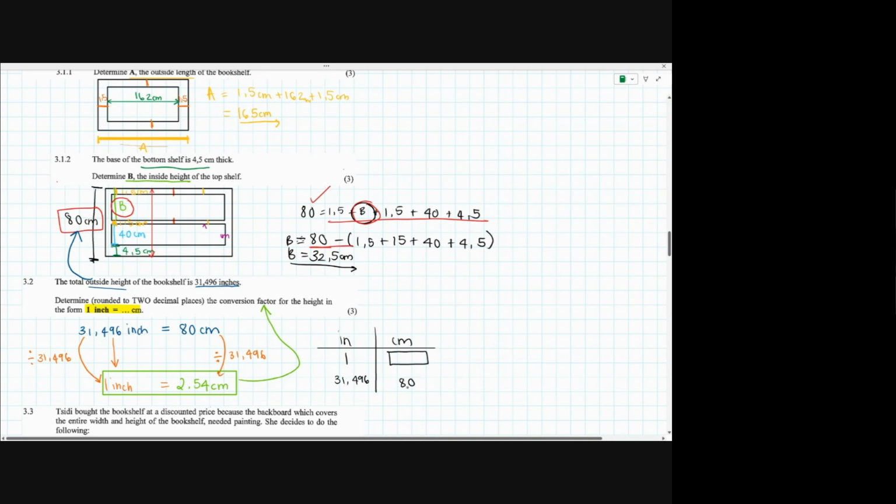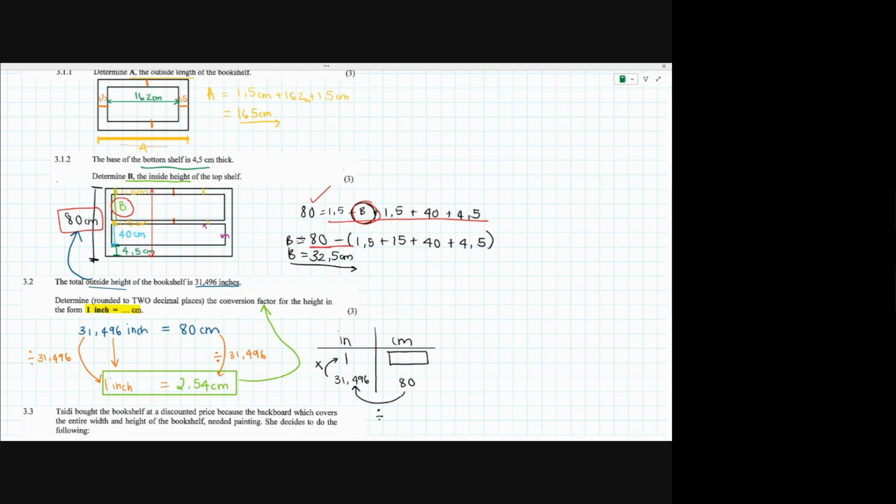So you almost need to go backwards now. You need to say 80 divided by that value and then times up. So instead of going divide up times across, you would divide across times up. You need to go backwards to get back to the conversion factor. So you could use it, absolutely.